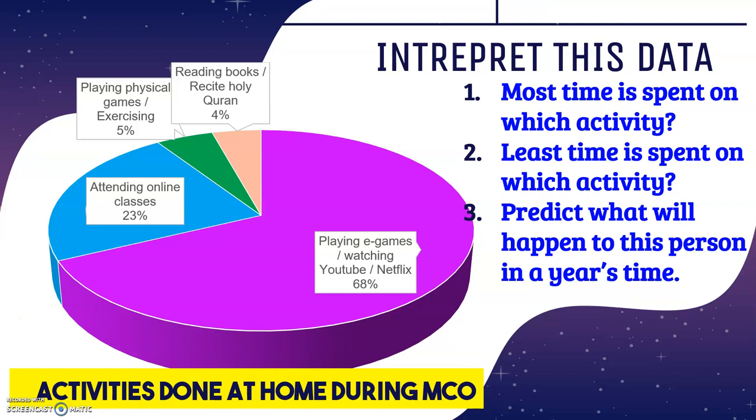Predict what will happen to this particular person in a year's time, if this trend is going to continue for a year. What's going to happen to this person? Think about it and write down your thoughts.